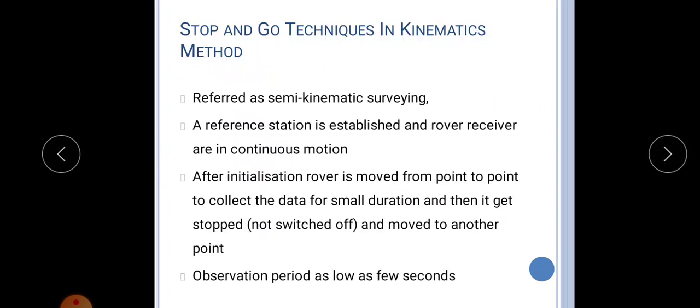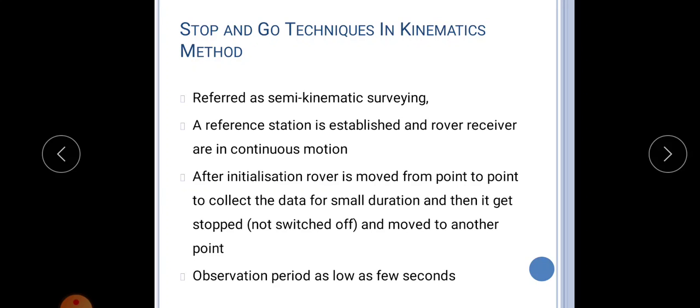So now we can discuss one of the most important kinematic methods, that is the stop and go technique in kinematic method. Okay, and this method is referred to as semi-kinematic surveying, because here, as I have told, there will be two stations. One is the reference station and the second one is the rover station.